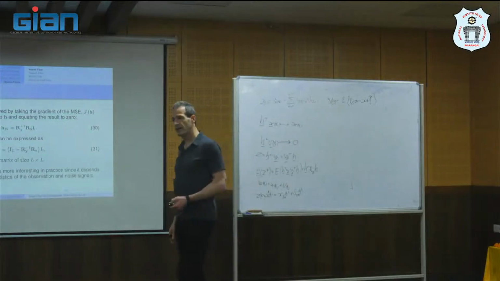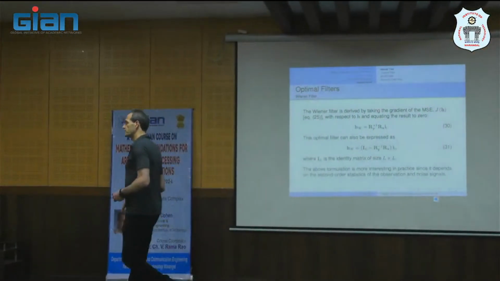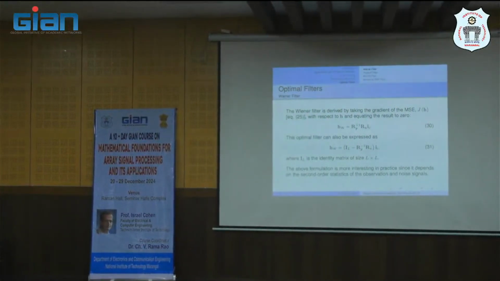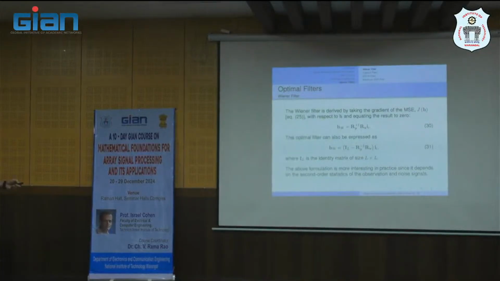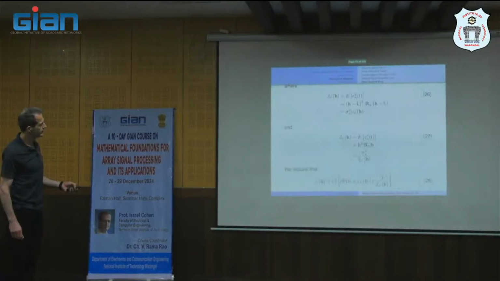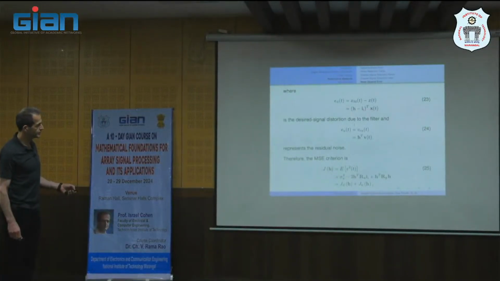So the question is, how did we find it? I hope you're familiar with derivatives. If we go back to the mean squared error, this is the expression for it.